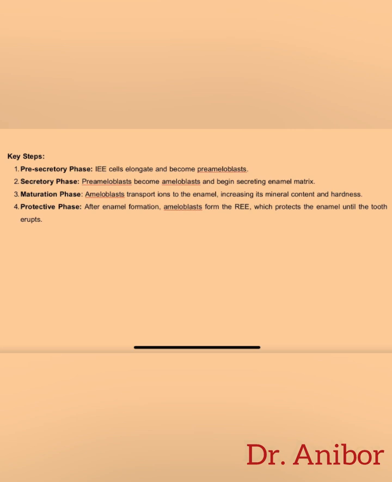All the structures I mentioned include the enamel, ameloblast, cervical loop, Hertwig's epithelial root sheath, and the reduced enamel epithelium. For this moment, I talked about the enamel, the formation process of the enamel that I said involves initiation, amelogenesis, and mineralization. Then the key steps you must not forget: the pre-secretory phase, secretory phase, maturation phase, and the protective phase.